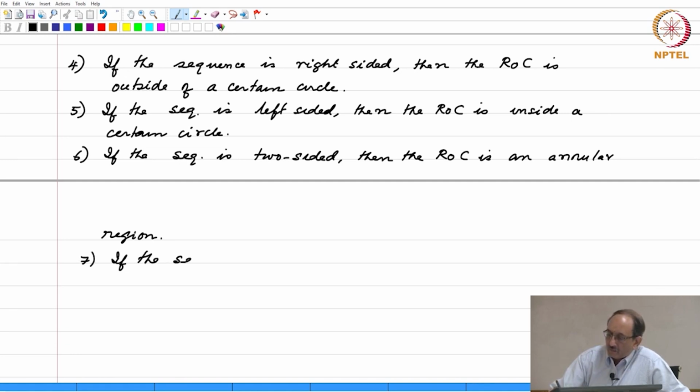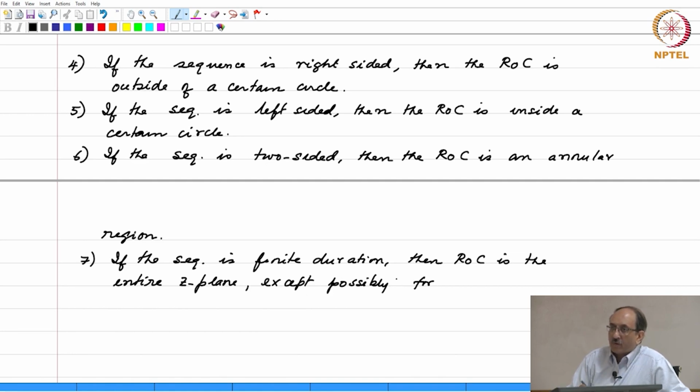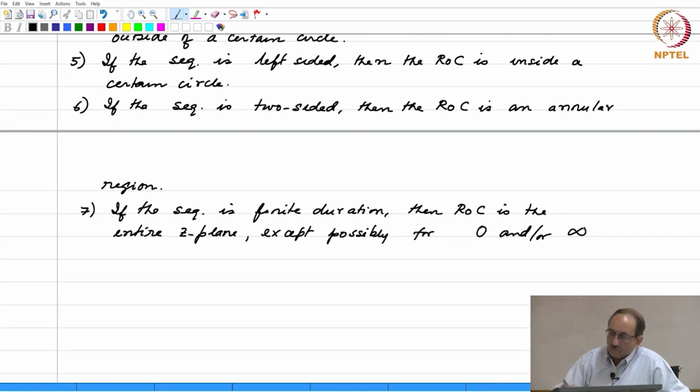And if the sequence is finite duration, then the RoC is the entire z plane except possibly for 0 and or infinity.